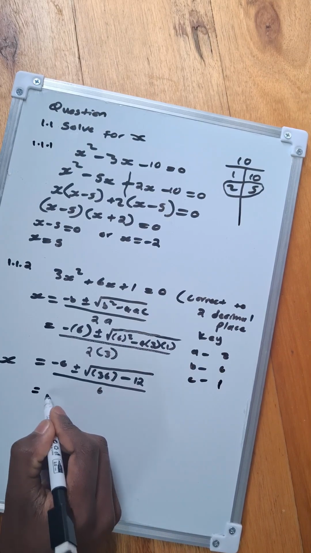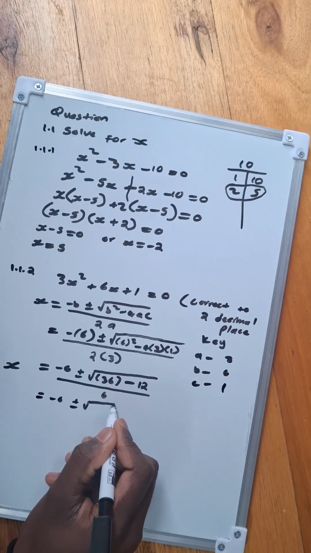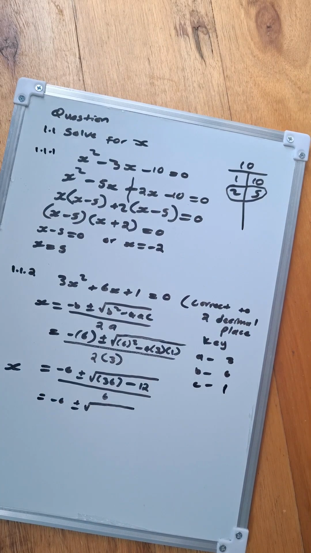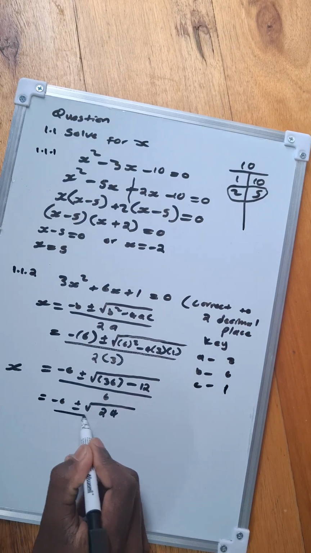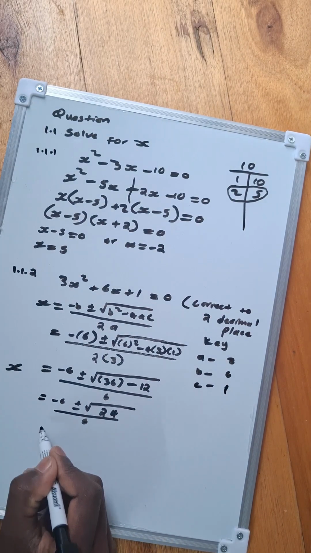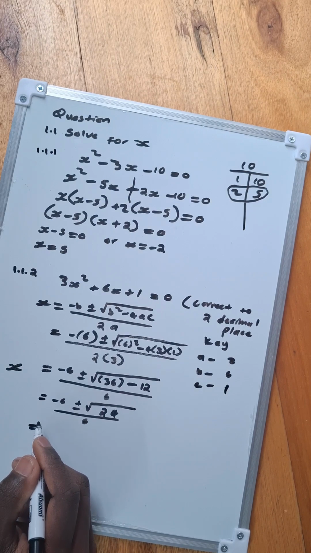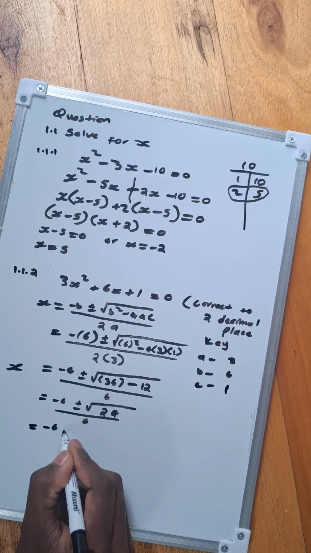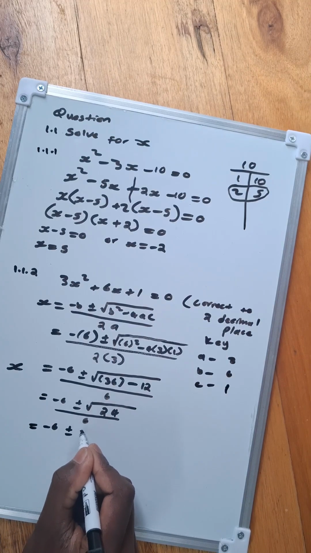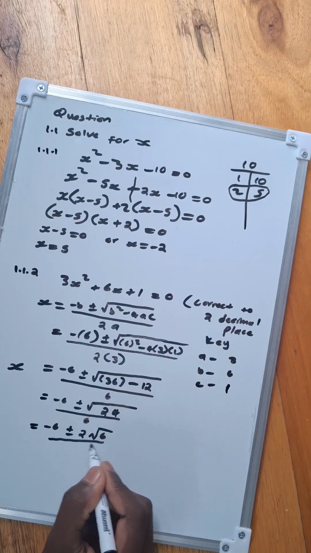So it reads as minus 6 plus or minus the square root of 36 minus 12, which is 24, over 6. The square root of 24 is 2 root 6, so 2 root 6 over 6.